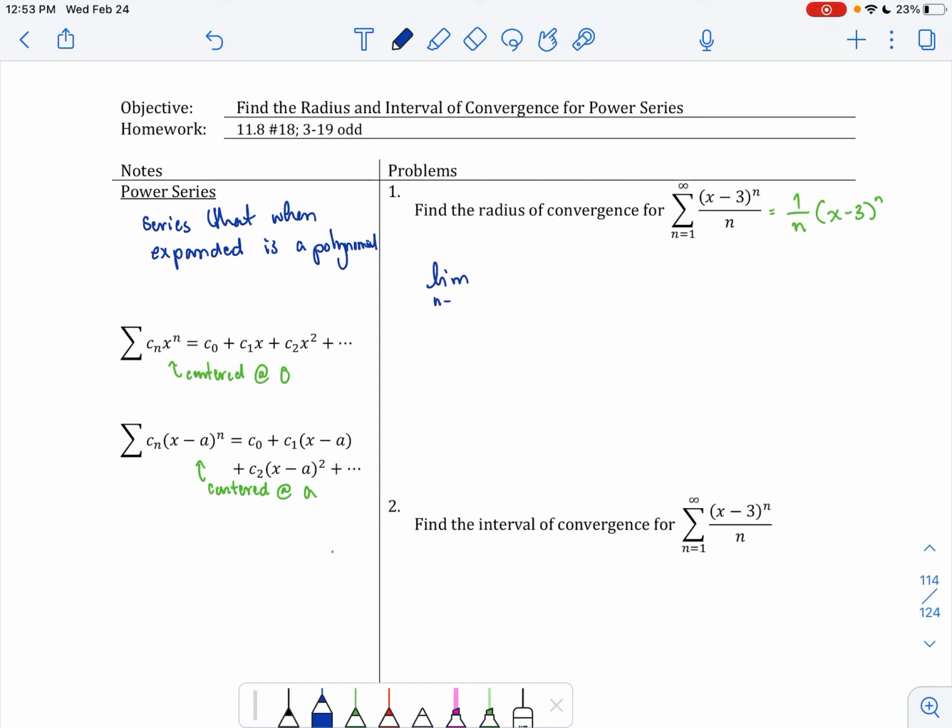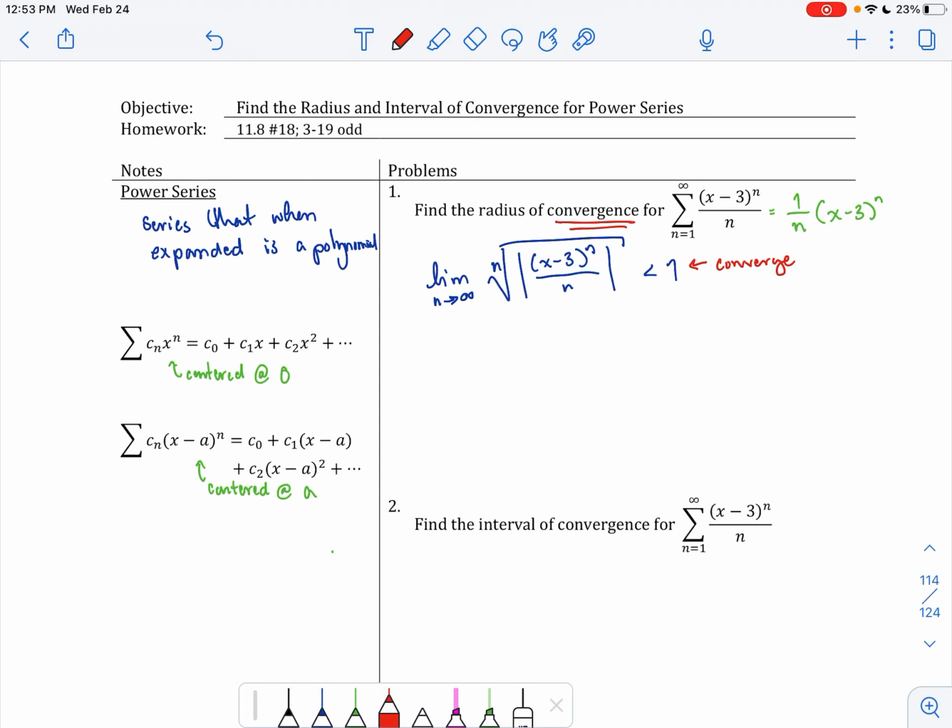I'll say limit as n approaches infinity of the nth root of the absolute value of x minus 3 to the n over n. And since I want it to converge, I'm going to state that it's less than 1. So this is the idea that it must converge. We set it less than 1 because x is going to be a variable here.